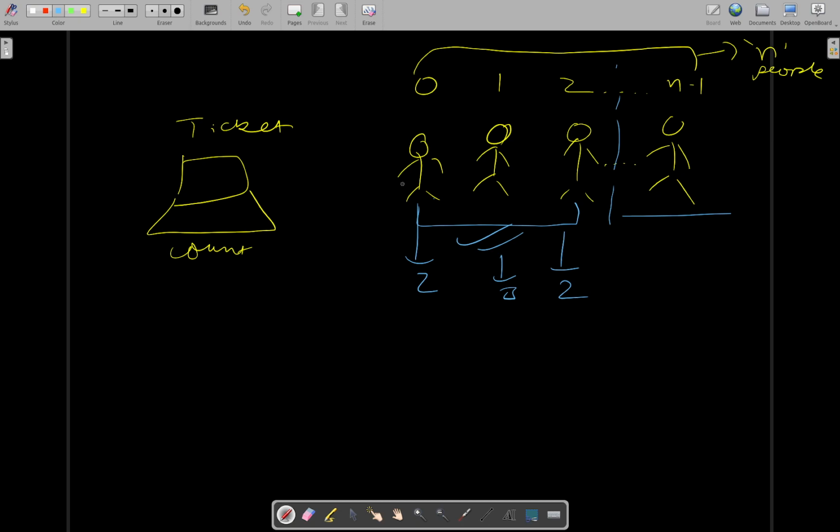As soon as the first person reaches the ticket counter, he takes 1 second to buy 1 ticket, and if the number of tickets he wants to buy is still greater than 1, then he goes to the end of the line. You can consider this is the first person going to the end of the line. So he has to go to the end of the line, and this continues until this person gets all the tickets that he desired.